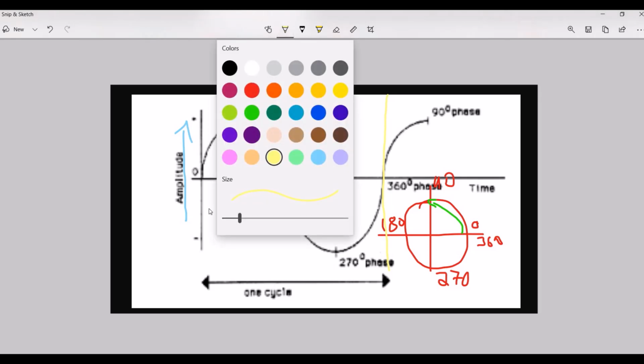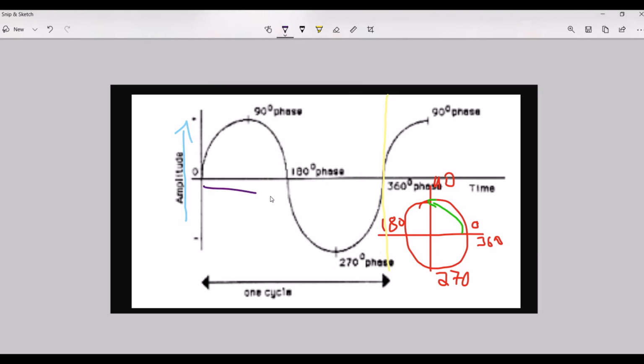If we complete this one cycle in 1 second, then this is called 1 hertz in an analog signal.